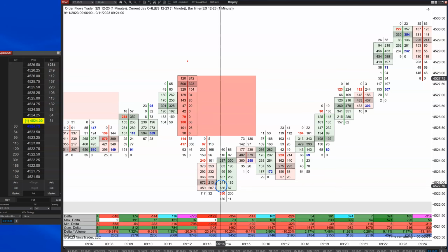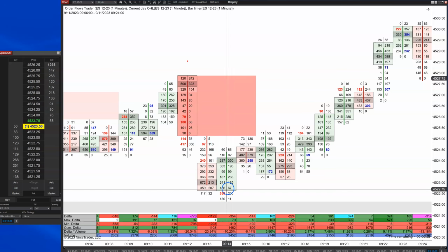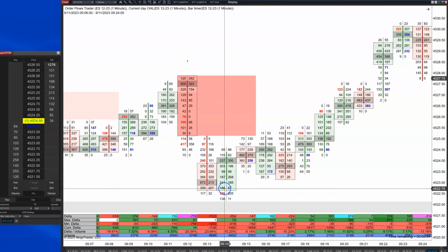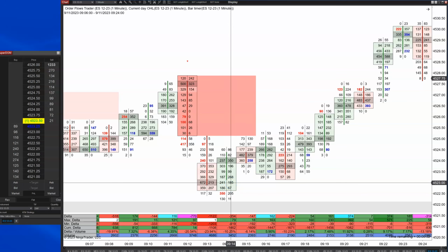So what you have is aggressive sellers selling into passive bids. Then you have aggressive buyers buying the passive offers, right? What's going to cause this market to go up on the dome, which will translate into the footprint, is people buying the 72 lots, people buying the 92 lots, people buying the 103 lots, people buying the 147, buying everything.